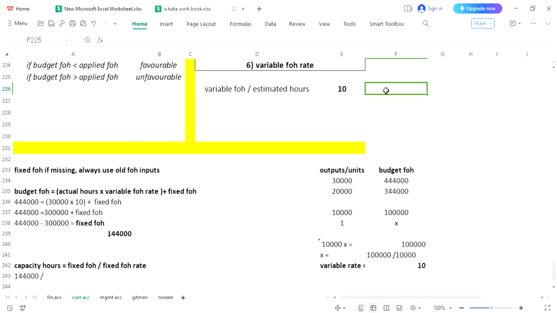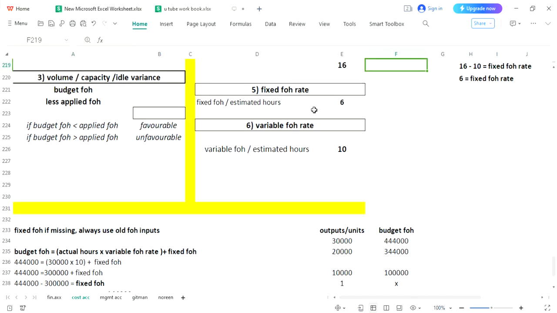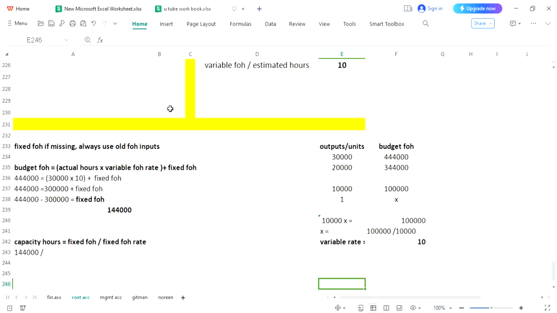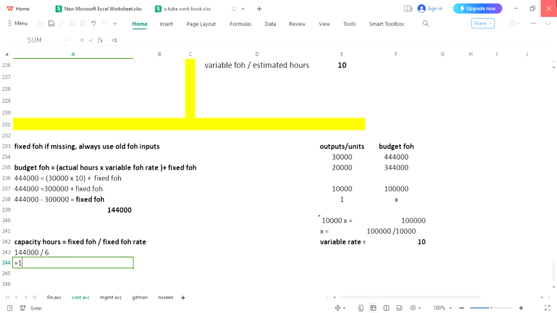Here you have calculated your fixed FH rate, which is 6. Okay, you can put the same rate over here. Fixed FH rate is 6. Now put this statement on the calculator: 144,000 divided by 6. So you have got your answer, 24,000.